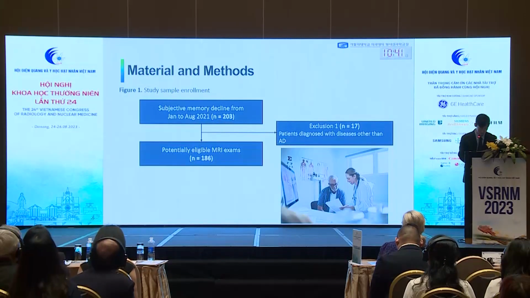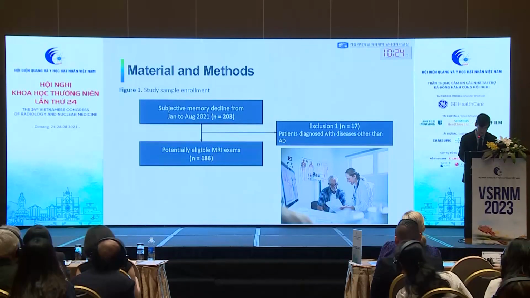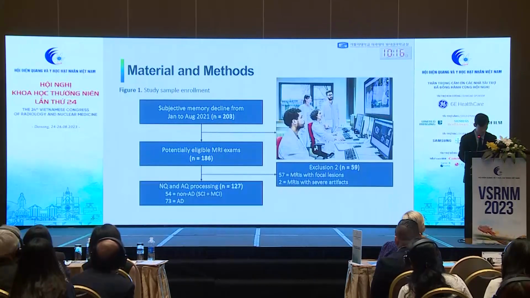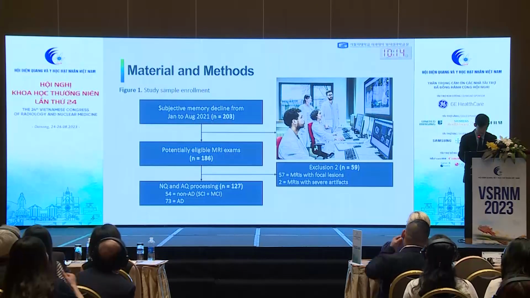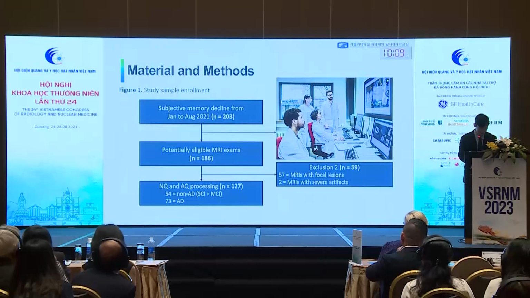The dementia specialists diagnosed and classified the disease groups into subjective cognitive impairment, or SCI, mild cognitive impairment, or MCI, and Alzheimer's disease. 17 samples were also excluded because the patients were diagnosed with something other than SCI, MCI, or AD by clinicians. Two clinicians classified participants with SCI and MCI into the non-AD group, and the other participants with Alzheimer's disease into the AD group.